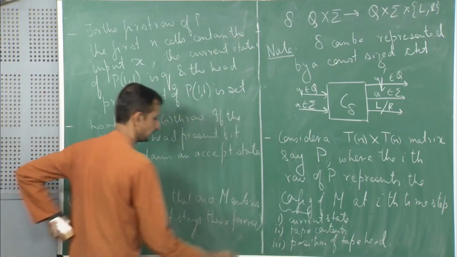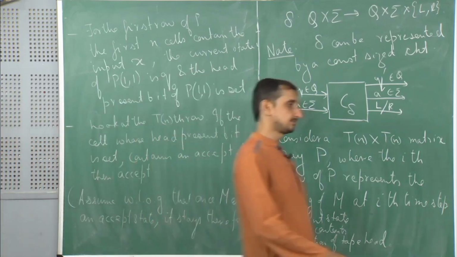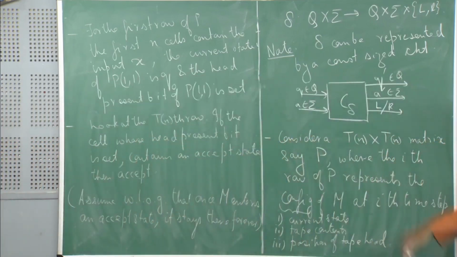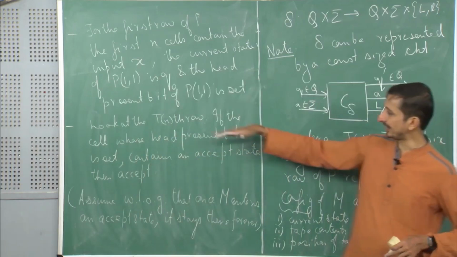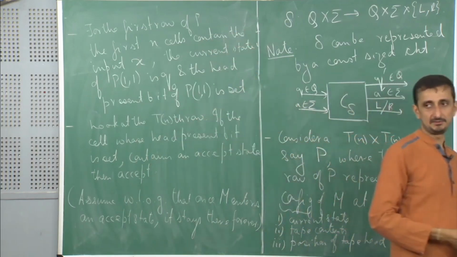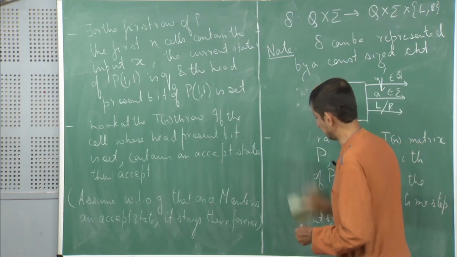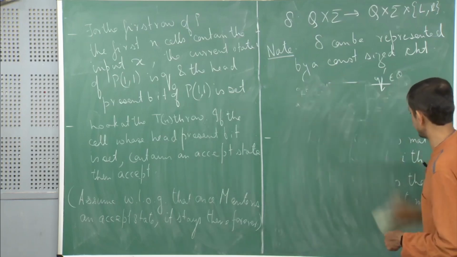You can modify the transition function to make sure that from an accept state it does not go to any other state. Therefore, if it had entered an accept state at any row, it will remain in an accept state in the last row as well. Okay. So, this is more or less the entire proof.